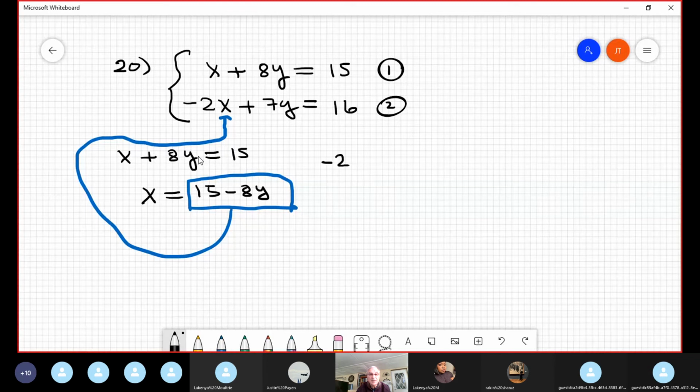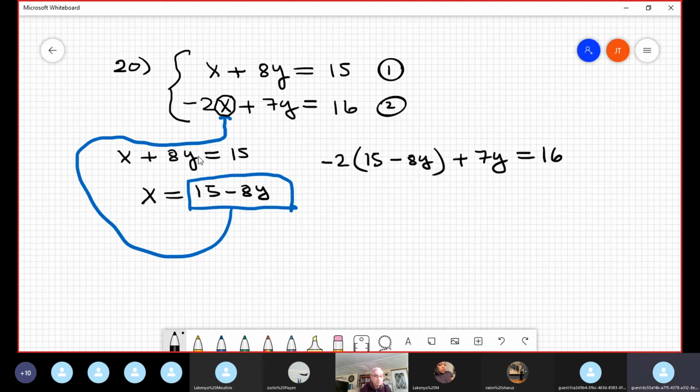Negative 2, and I put parentheses to enclose everything, because this is not only x, but actually one expression. So this negative 2 multiplies everything. So negative 2 times 15 minus ay, plus 7y equals 16. Everyone follow me? Yes.